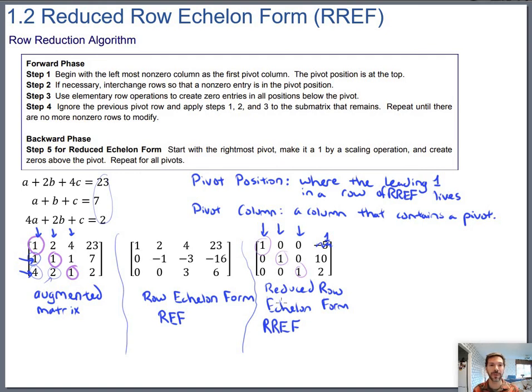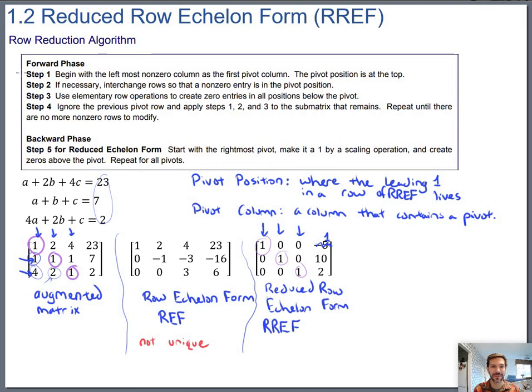Okay, one more thing to drop into your brain before we finish this video. I just want to point out that the row echelon form is not unique. In other words, when you start with a matrix, you can get to different row echelon forms. The one I have here is row echelon form.